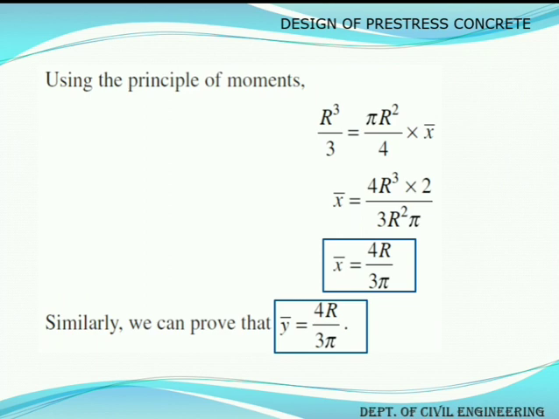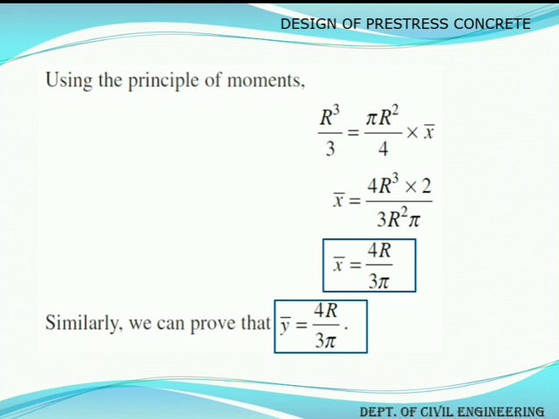Then we took a semicircle; depending on its orientation, it will be symmetrical about either the x-axis or the y-axis. Now in the third case, we have taken a quarter circle. A quarter circle taken in any quarter won't be symmetrical about any axis. That means you need to find both x bar as well as y bar.